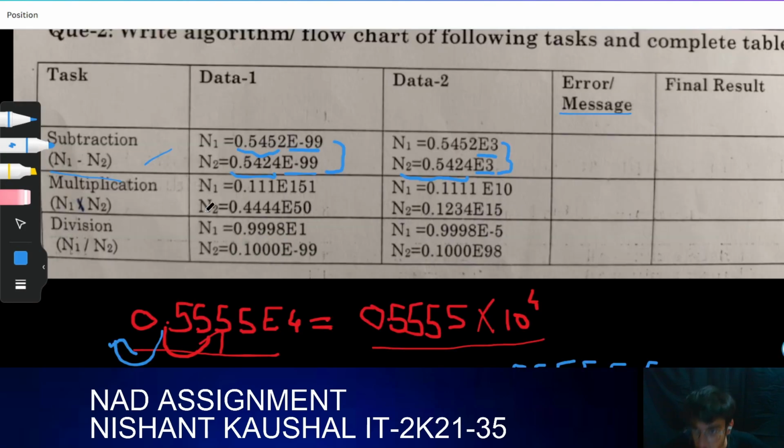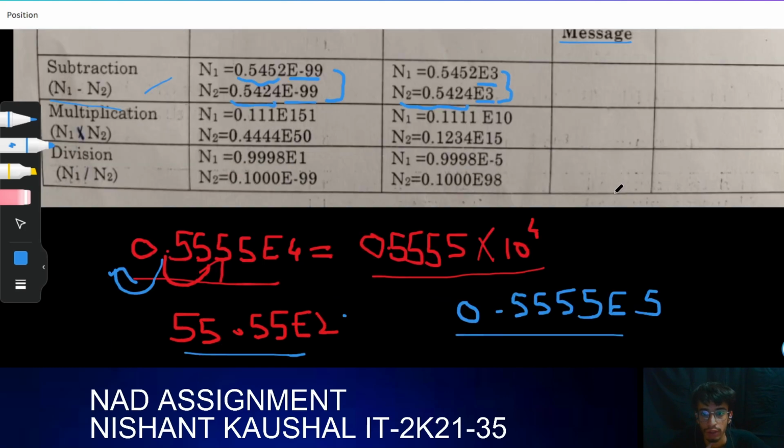Now we will do multiplication. In multiplication, we have to focus on some basic things: the numbers before the exponential will be multiplied normally, like we do 5 into 2, but terms after e will get added, just as we do normally in exponentials.